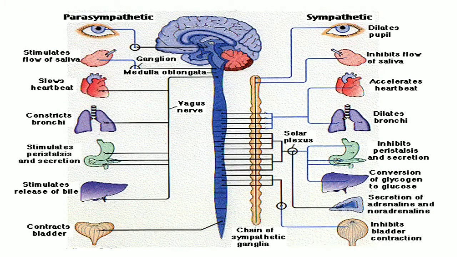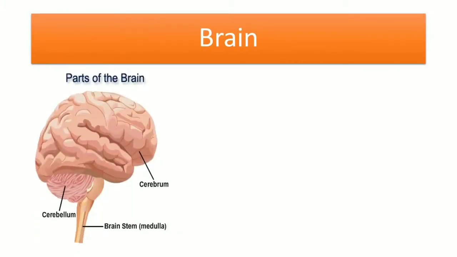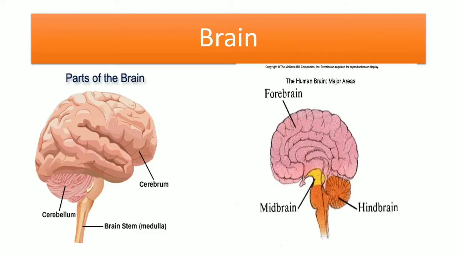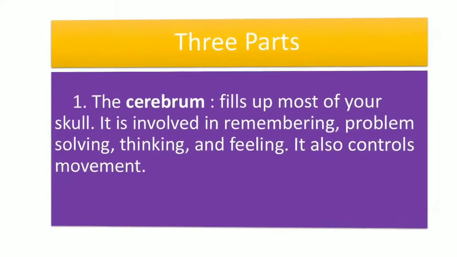In this there are two parts, the parasympathetic and the sympathetic. Now the parts of the brain: cerebrum, brainstem, cerebellum, and forebrain, midbrain, hindbrain. For the functional areas of the brain, take a screenshot.